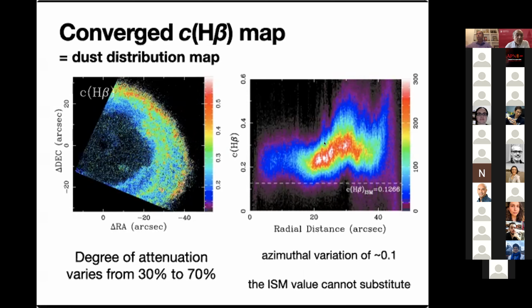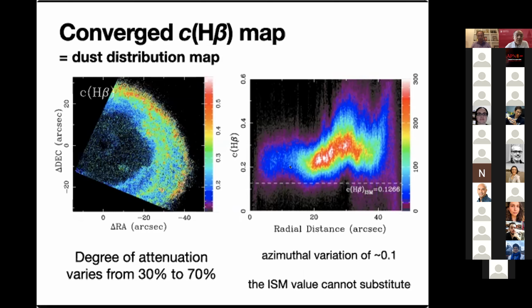The c value varies from about 0.2 to 0.4, so converting to attenuation is about 30% to 70%. If you just use a normalized value across the nebula, then the result of the extinction correction will be very off. Also, the ISM value towards the direction of the Ring Nebula is 0.1266.